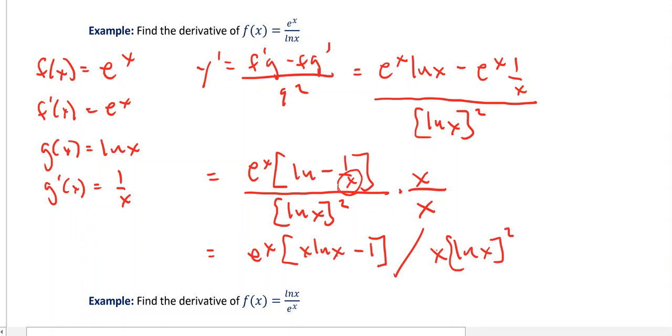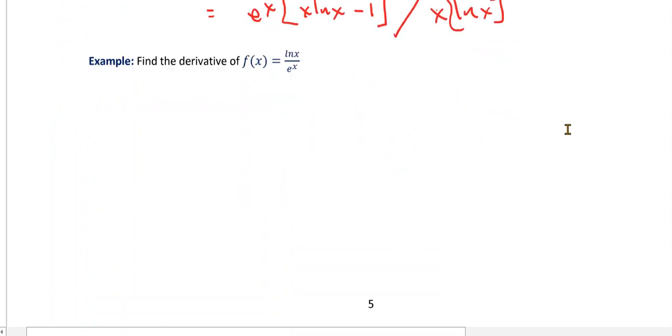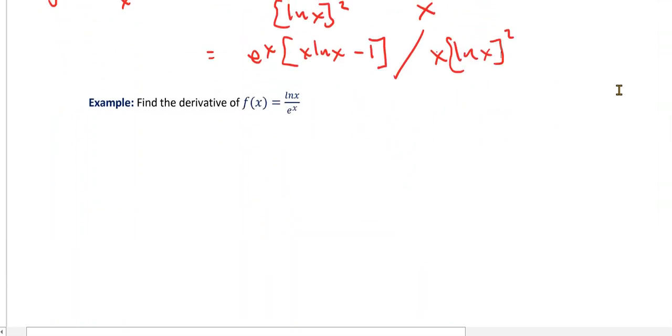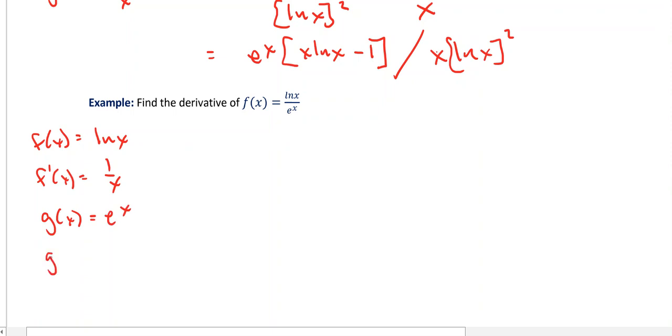And one more. So we have the log of x is f of x. Its derivative is 1 over x. g of x is e to the x, so g prime of x is e to the x. So y prime is equal to f prime g minus f g prime all over g squared.